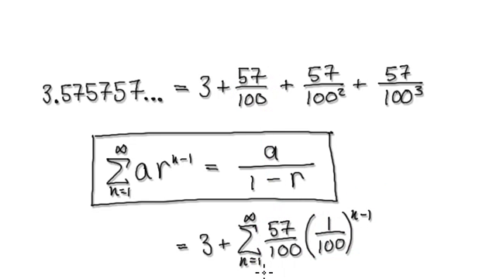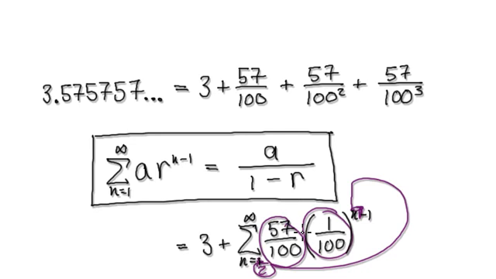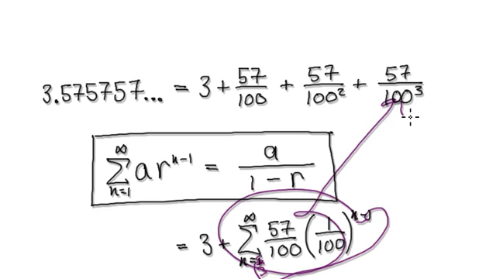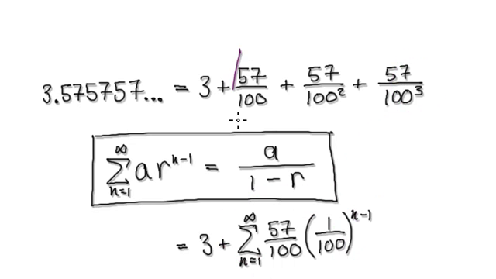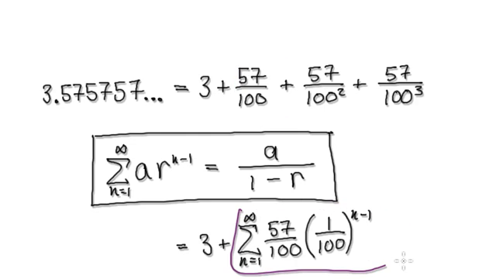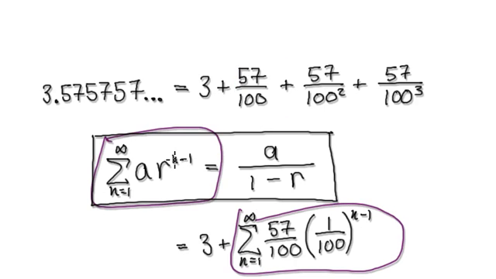When n equals 2, 2 take away 1 will be 1, so 1 over 100, times this thing here, will give you this term. When n is 3, the whole thing here will be this. The point is that you can rewrite this whole thing as this. Now that it is in this form, we can make use of the formula.